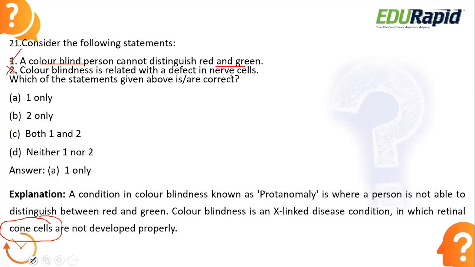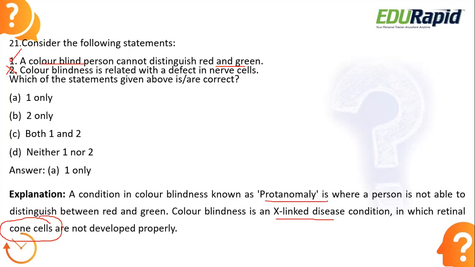That is a major reason they cannot distinguish the colors between red and green. This color blindness is an X-linked disease, that we carry from one generation to the next. We pass it to the next generation. X-linked chromosomal disease, clear, genetic disease, hereditary disease here.